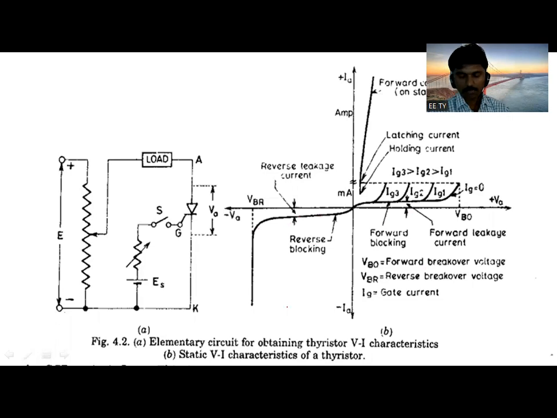Yes, please. For NPN and PNP layers of SCR, is the VI characteristic the same as this characteristic or different? Can you repeat the question?